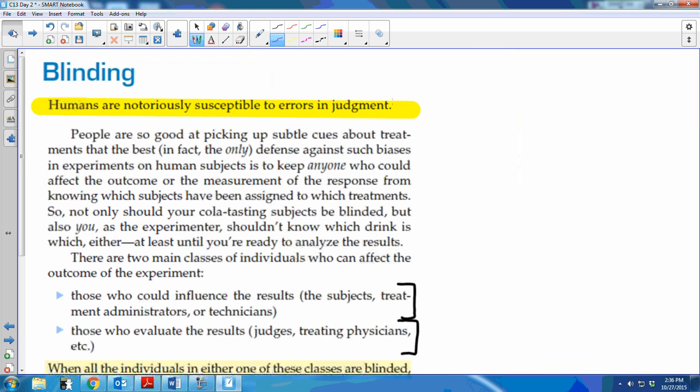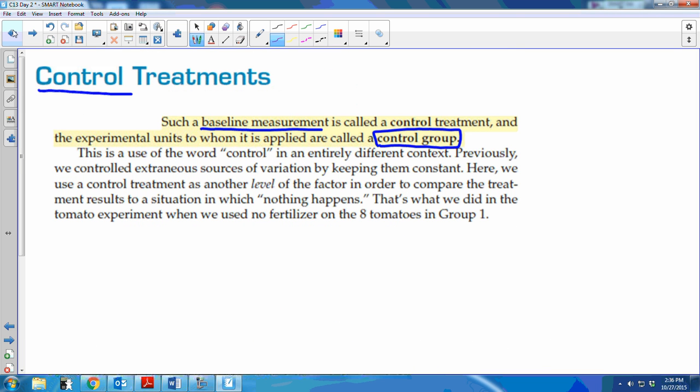You can't always have a control. Okay? It's not always available to you. For example, if you're doing a drug, there are always people coming up with new drugs to try to get passed by the FDA. Drug trial people are going to have this heart condition. That means they're probably already on medication.